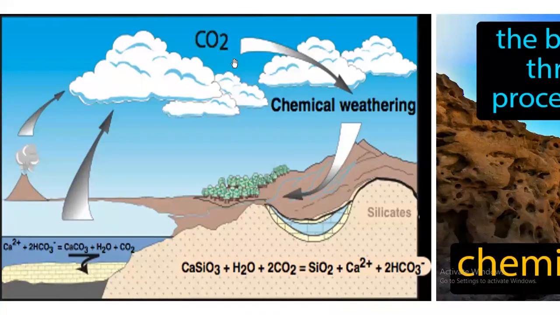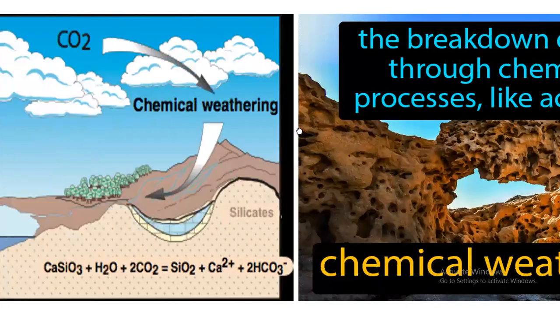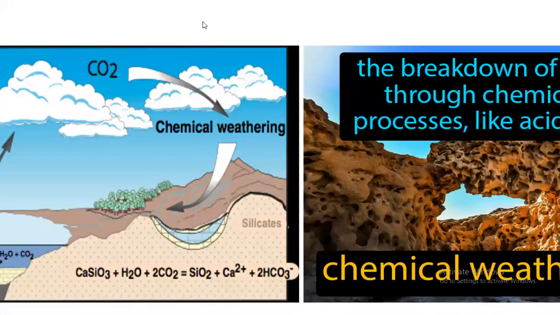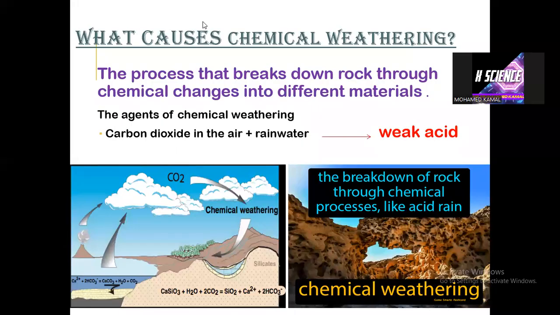Where does the carbon dioxide come from? From animals, plants, humans, factories, and cars. All of these give off carbon dioxide. When it combines with rainwater, it makes acid rain, which is a weak acid. Let's understand chemical weathering simply. Look at my camera here.